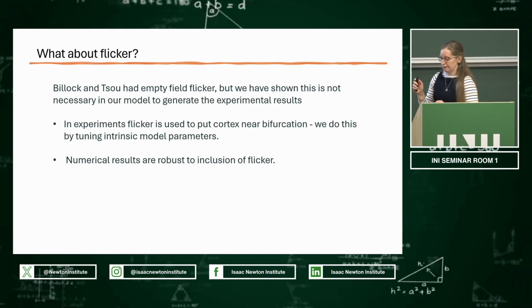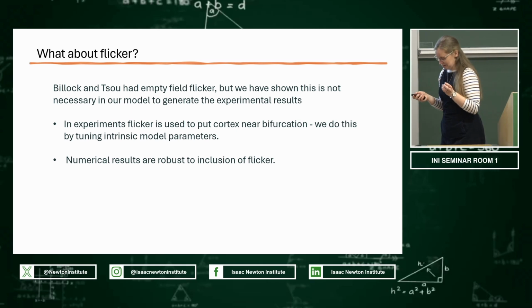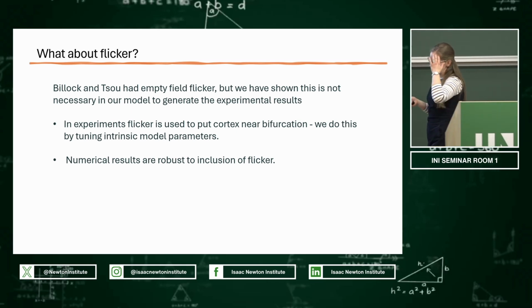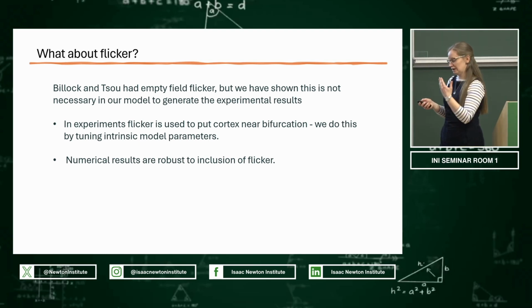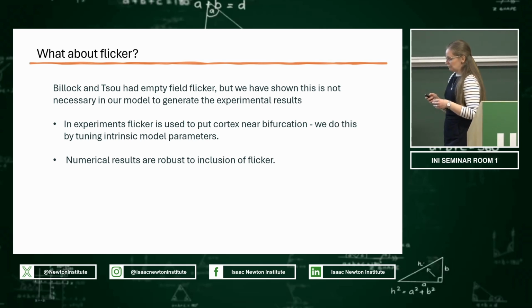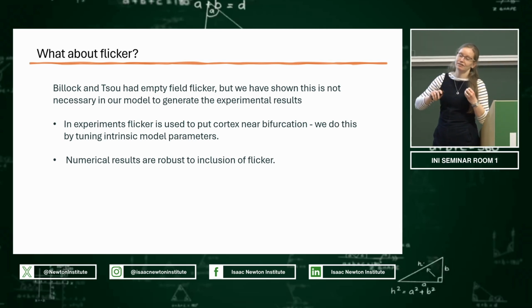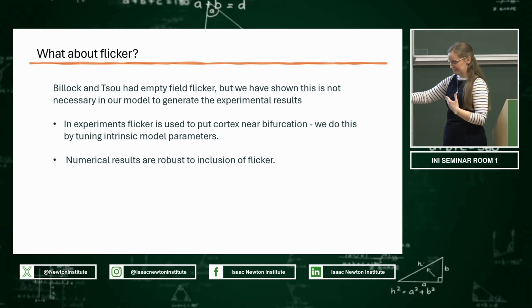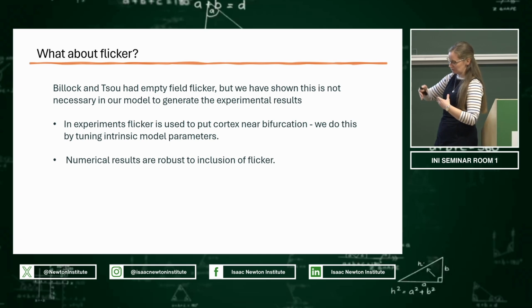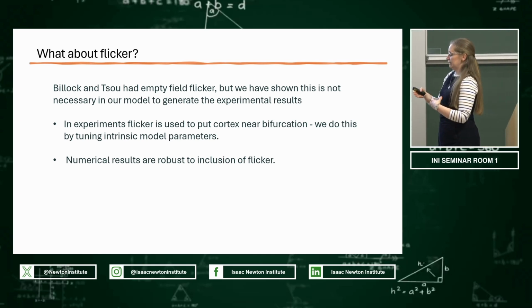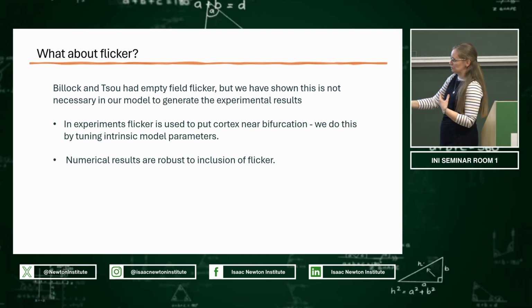The eagle-eyed among you might have noticed that I didn't have any flicker in my simulations, which is what Billock and Tsou had in their experiments in the background. But we found that we didn't really need that to get the results. We postulate that they needed the background flicker to bring cortex to the point where it would naturally form those spontaneous patterns, the spontaneous activity in V1.